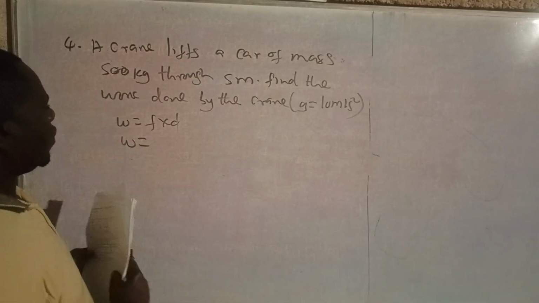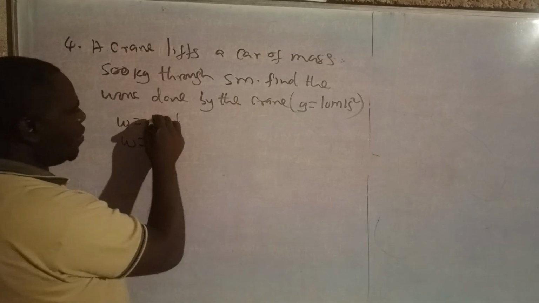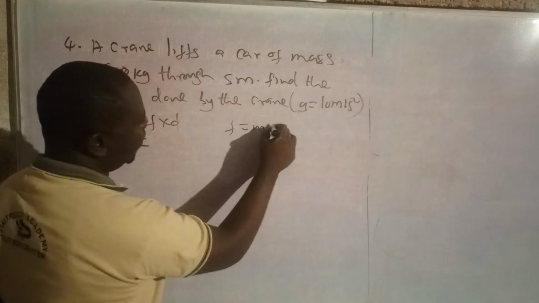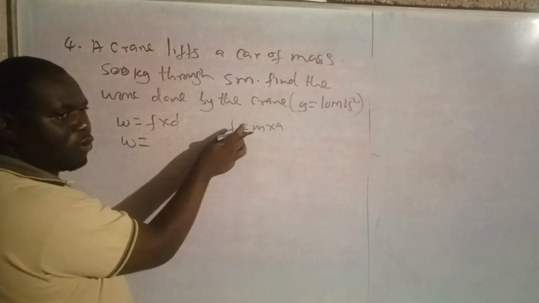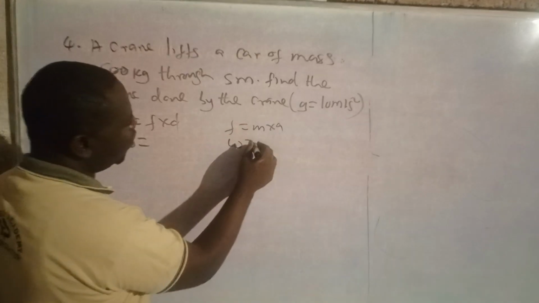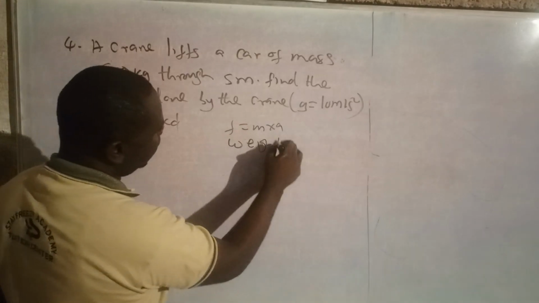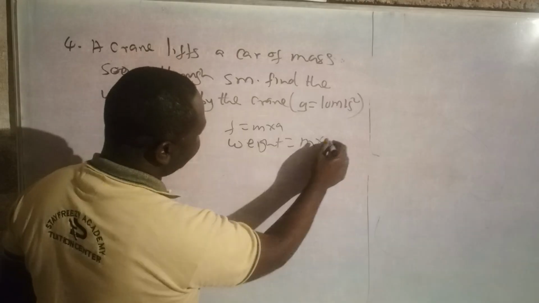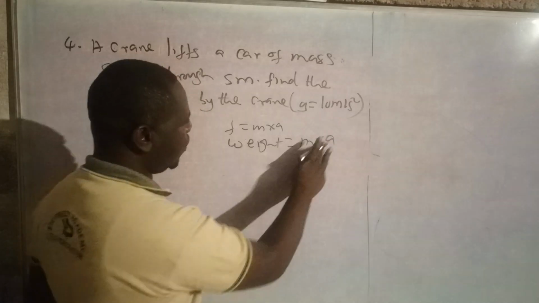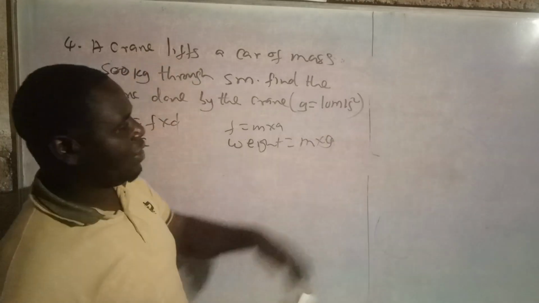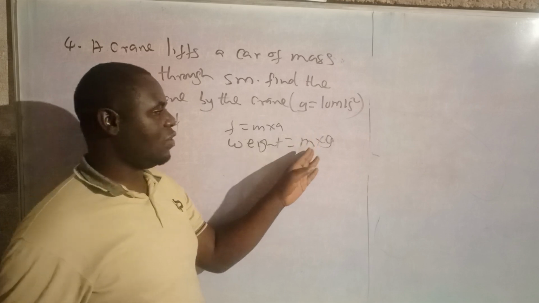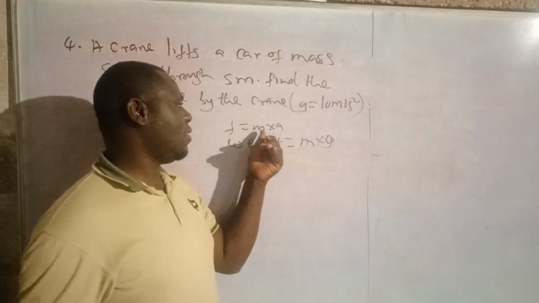No, we don't have force, but we have mass. As I said, the force is equal to mass times acceleration, and force is the same as the weight. Weight is equal to mass times the acceleration, which is g, gravity. Since the gravity is given here, we're going to use mass times gravity, which is the same as mass times acceleration.